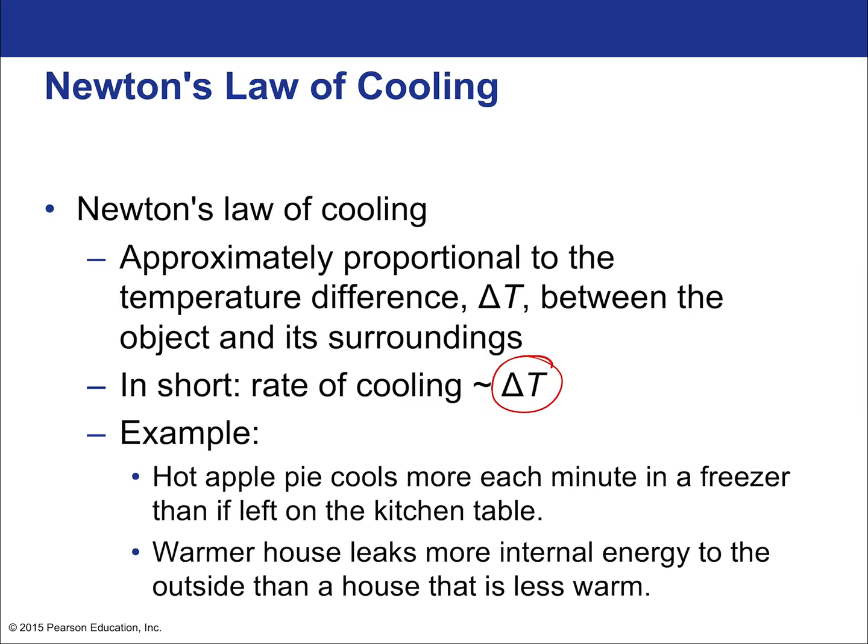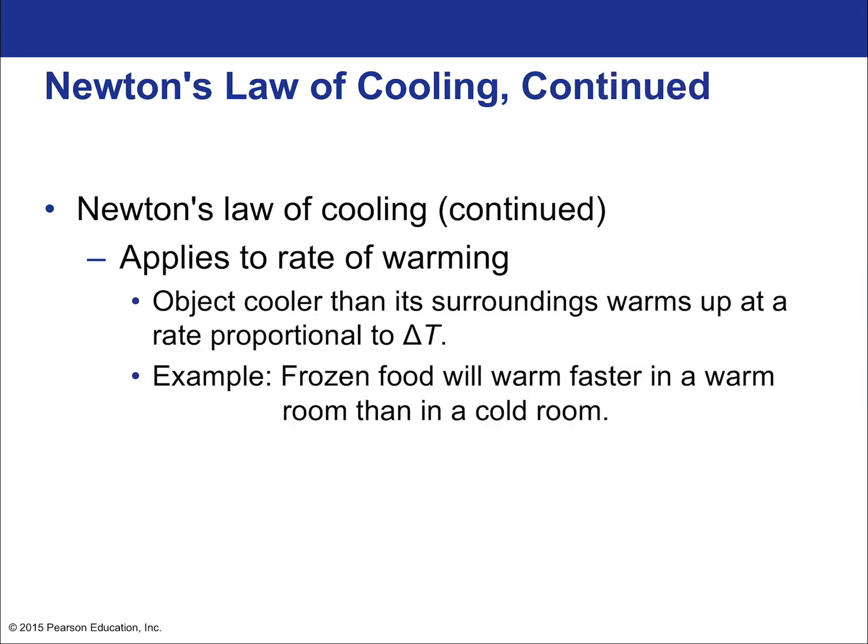Okay? So examples: hot apple pies cool more each minute in a freezer than if left on the kitchen table, and warmer houses leak more internal energy to the outside than a house that is less warm. So that means it's much more energetically demanding to keep a bigger delta T with your surroundings. Newton's law of cooling applies to rates of warming as well.